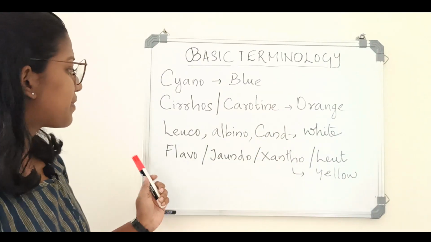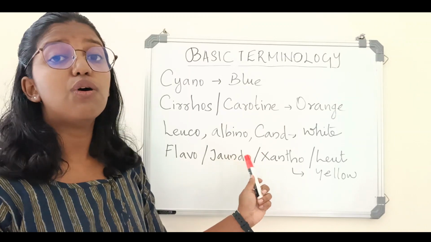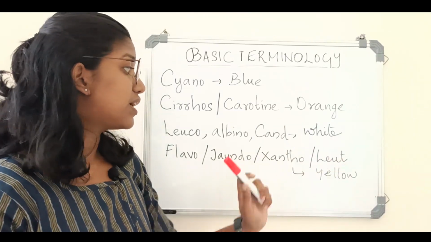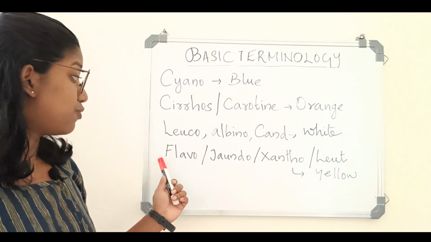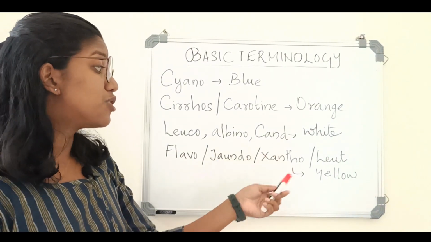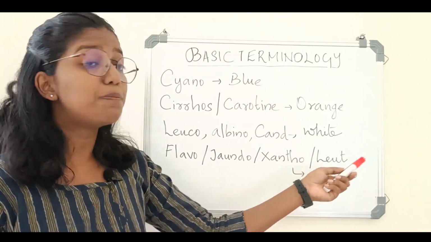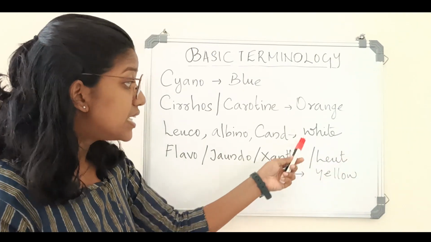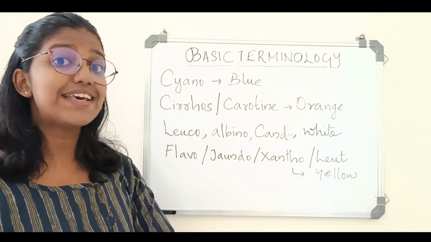And the terms flavo, xantho, or lute. These refer to yellow color. Flavo, like riboflavin, jaundice. We heard about xanthophyll pigment, which is yellow in color, and the corpus luteum, right? Lute means yellow color. Here the corpus luteum, the color is yellow.